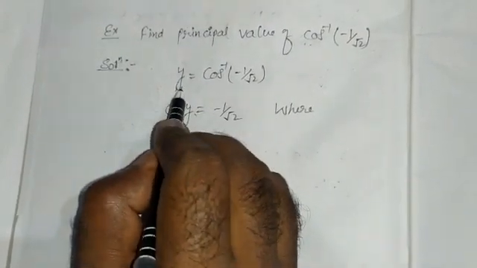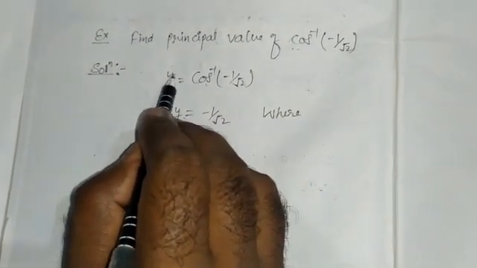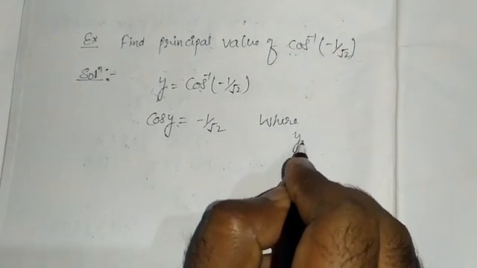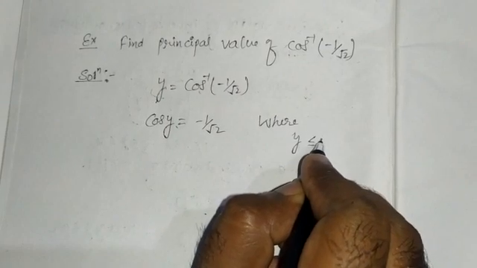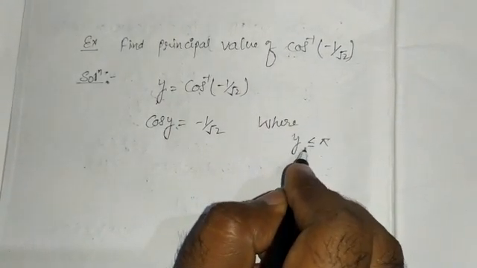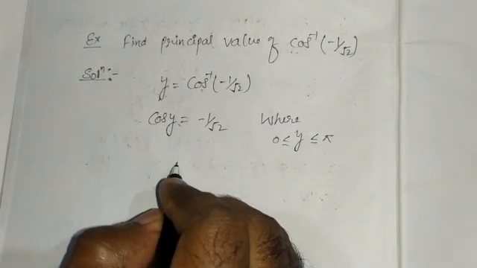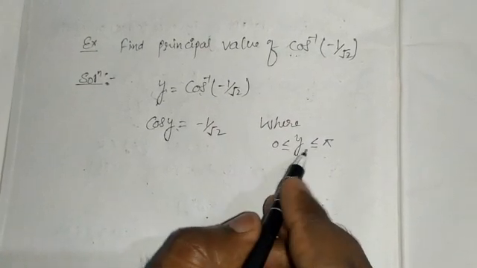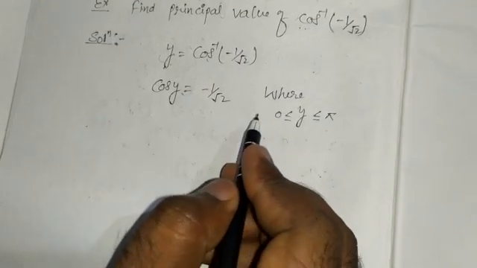y belongs to the range of the cos inverse function, because this is an element of the range set. And remember the range of the cos inverse function is the closed interval 0 to π. It means y is less than or equal to π and more than or equal to 0.